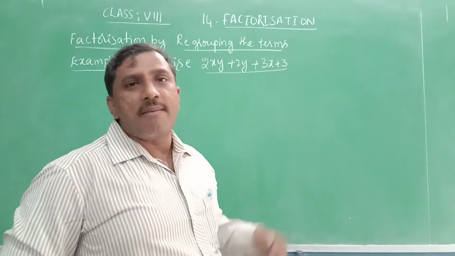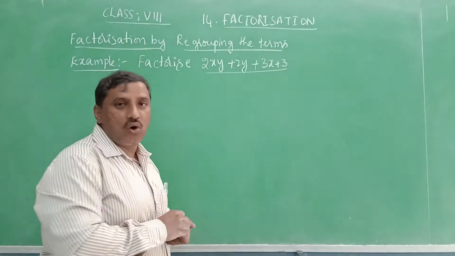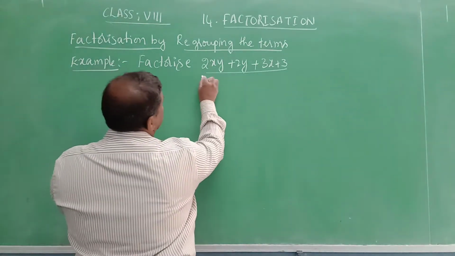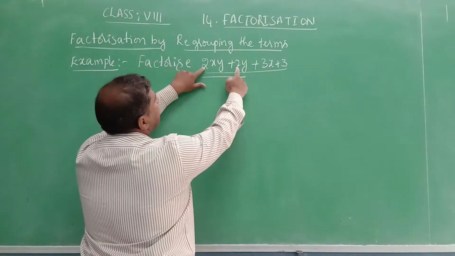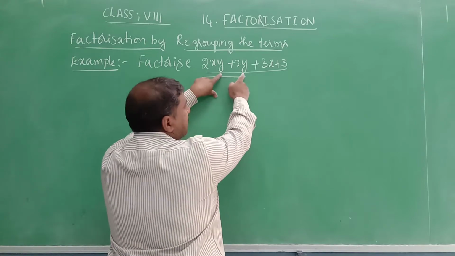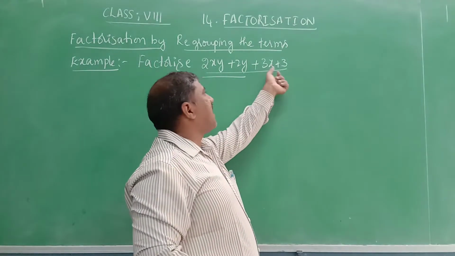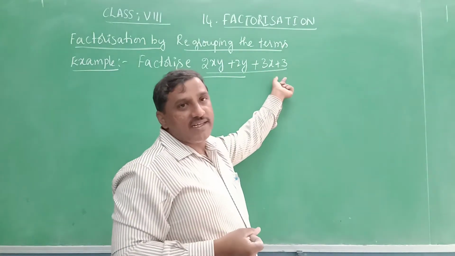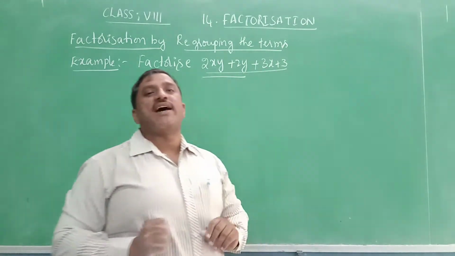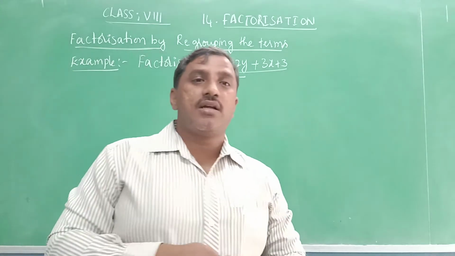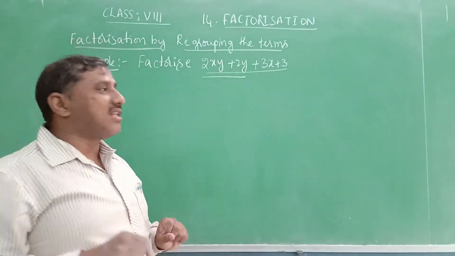Do you find any common factor for all the four terms? No. For the first two terms, 2 and y are common factors. For the next two terms, 3 is a common factor. But there is no common factor to all the four terms.